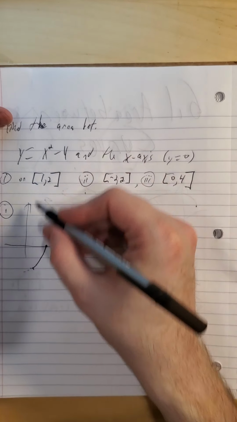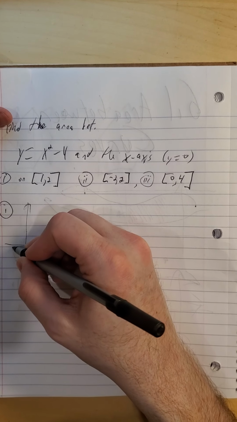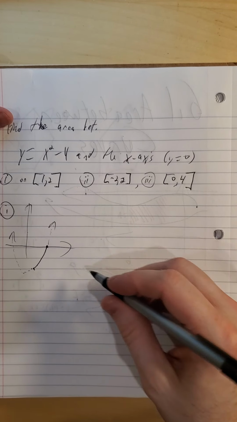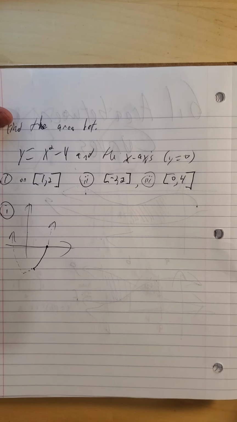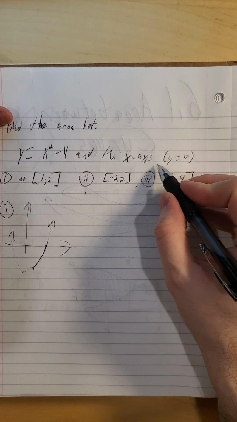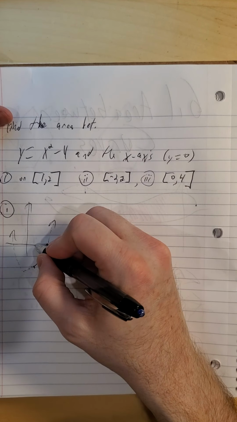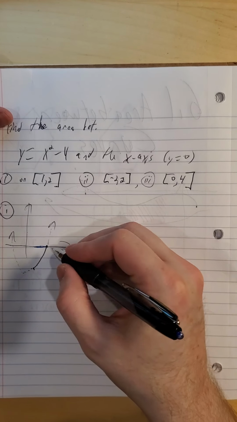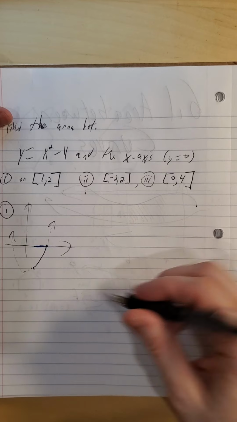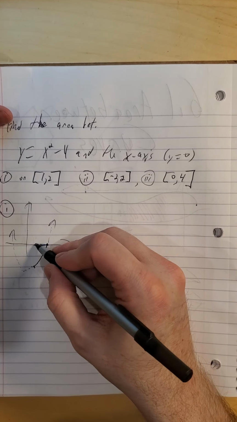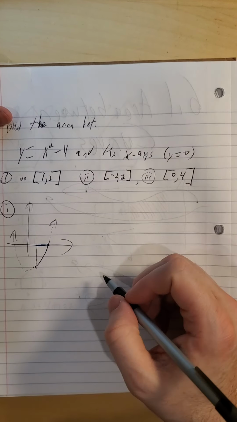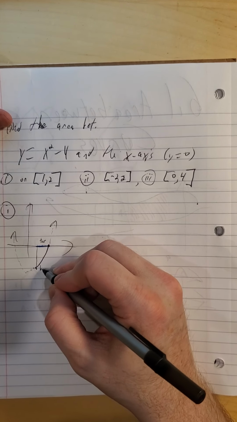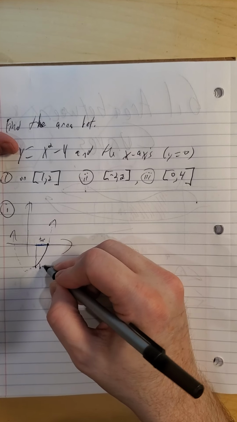As you know, we have a vertex at (0, -4), and we're opening up since this is a parabola. Now the other function that we looked at was y equals 0, the x-axis. Also at the moment, we're just looking on [1, 2]. So on this interval, y equals 0 is the top function, and the curve y equals x squared minus 4 is the bottom function.